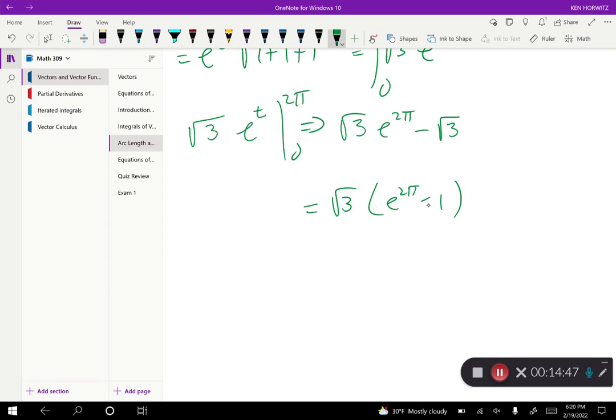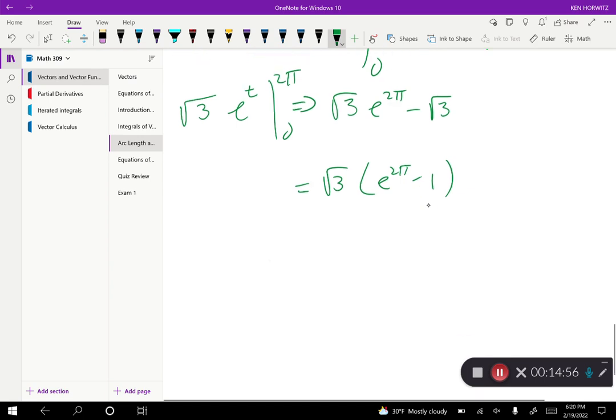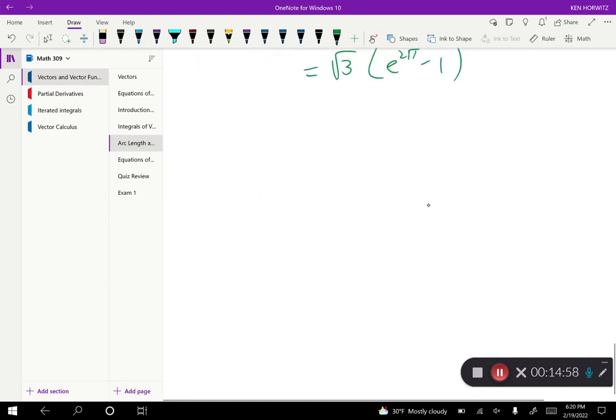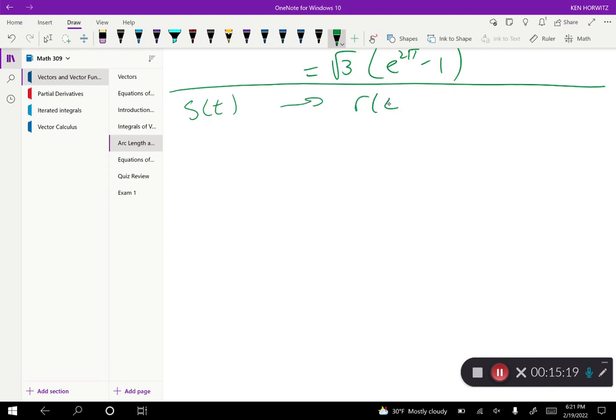All right, so let's try something else. For my last example, remember I told you that arc length was s of t. Sometimes we can take our r of t, our vector, and reparameterize it to find r of s.